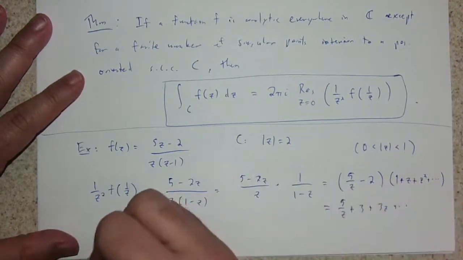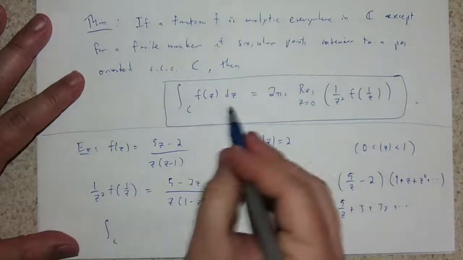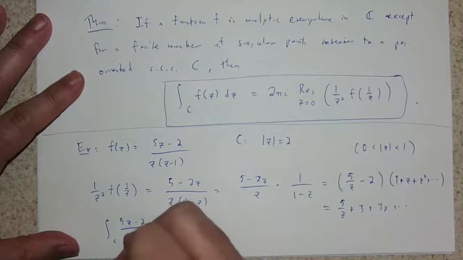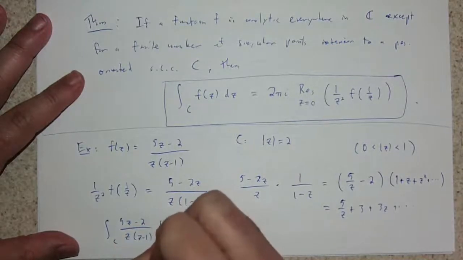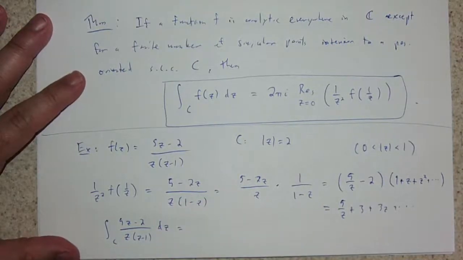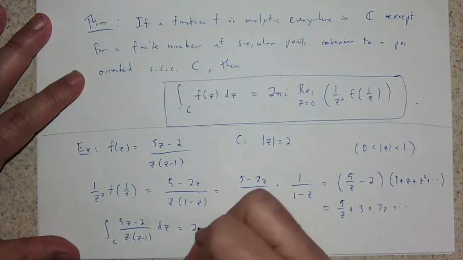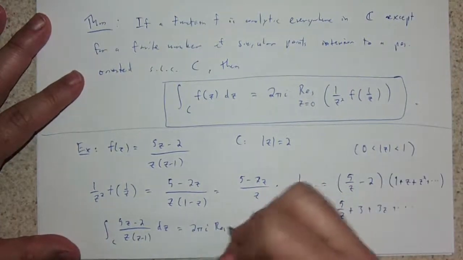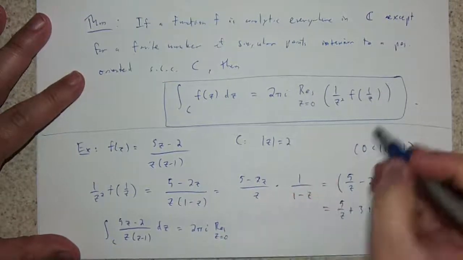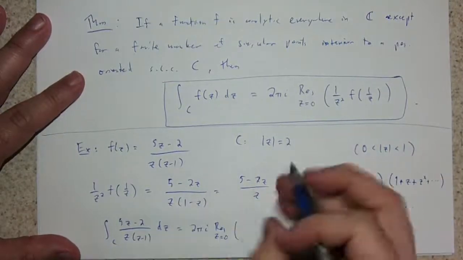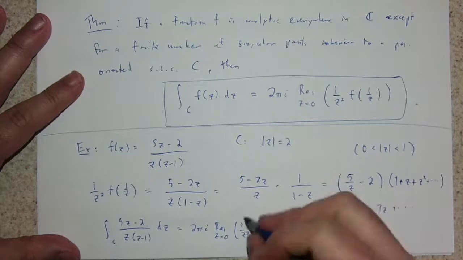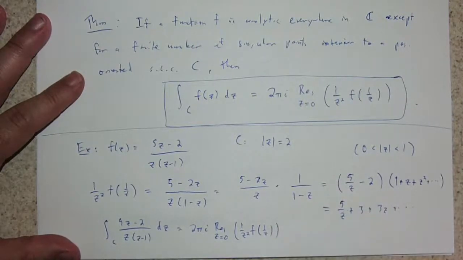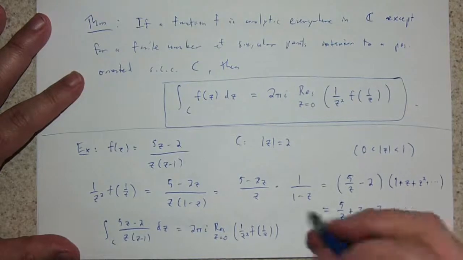So this contour integral, using this fact here, of 5z minus 2 over z times z minus 1 dz, this is 2 pi i times the residue at 0 of that thing, 1 over z squared f of 1 over z, but that's 5, right? 5 is the coefficient of 1 over z here.